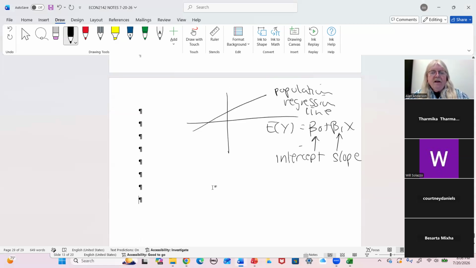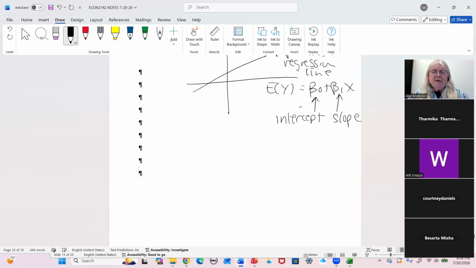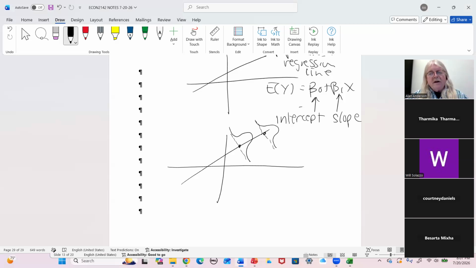And what that implies here is that each point is the center of a probability distribution, allowing for scatter all around the line.